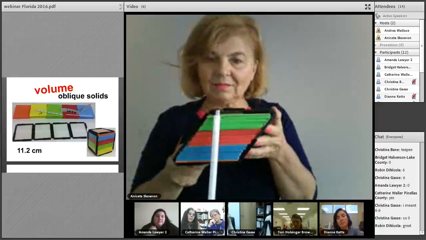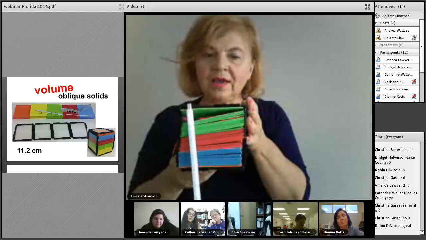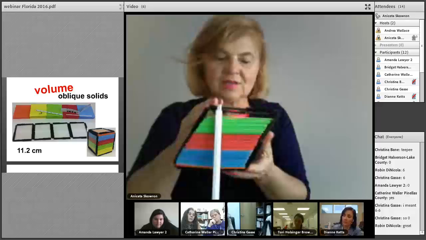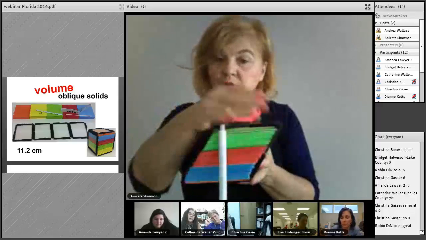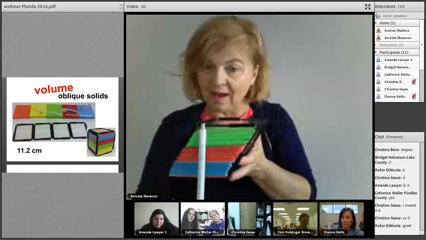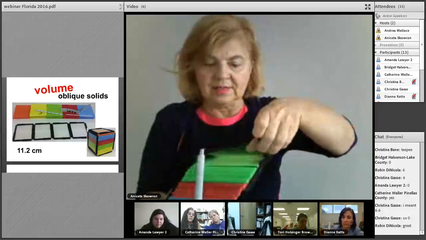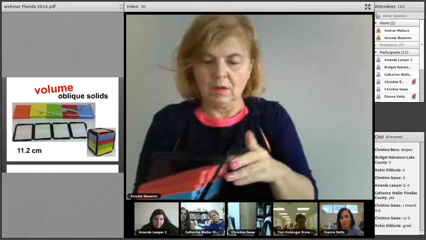Can you see that? Here it was 4 inches, and now it's just 3 inches. So you have a very visual illustration of the volume changing. The volume is smaller because the height is smaller. The base is the same. And now if you remove more of this, you can remove more, okay?